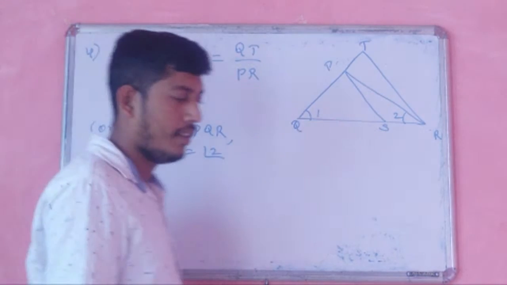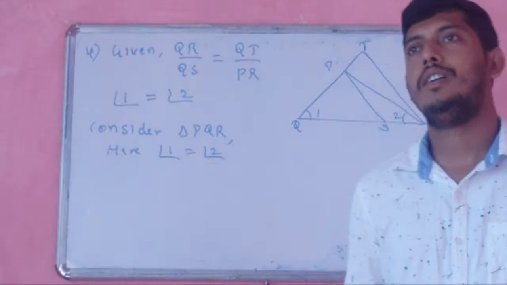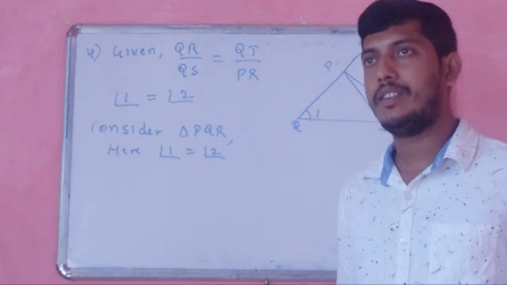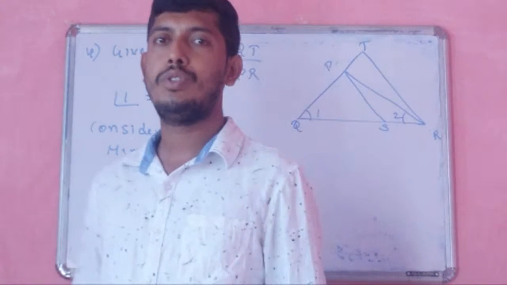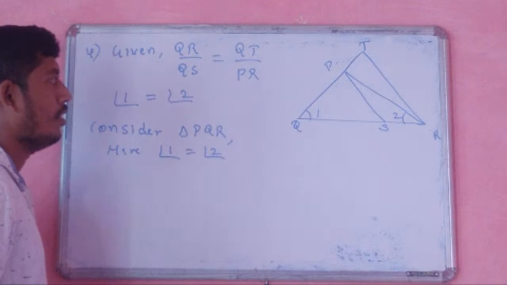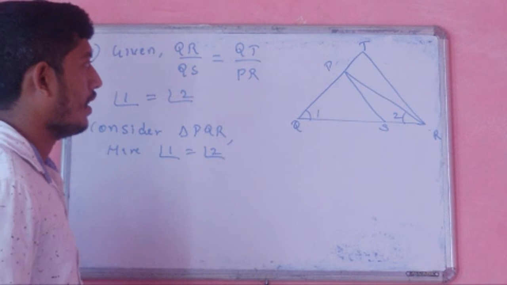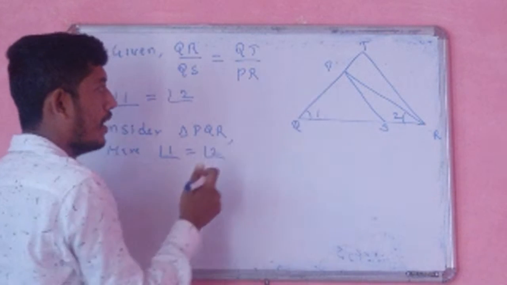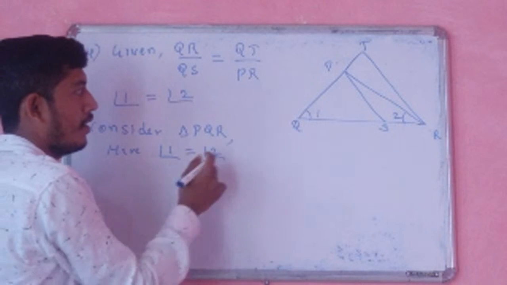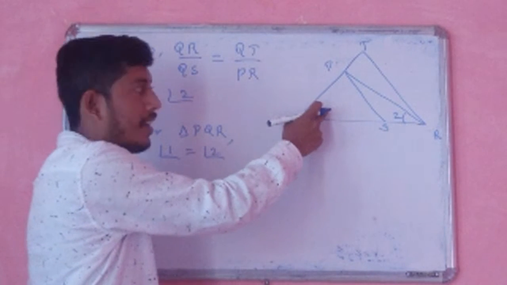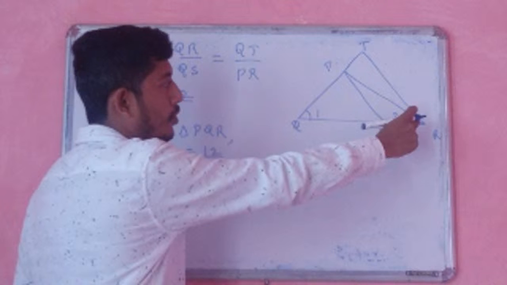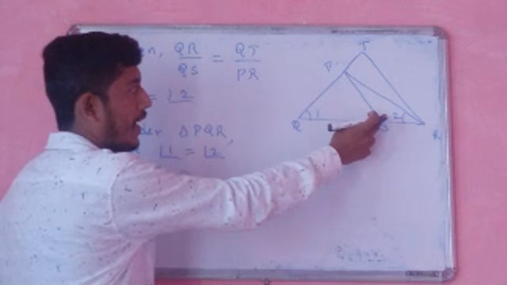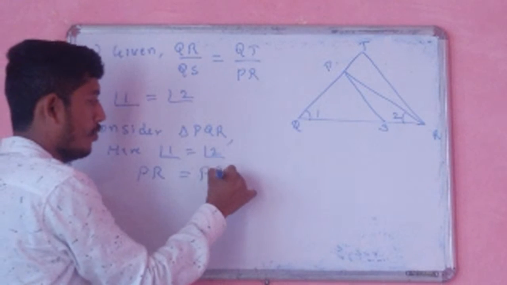And we know that when two angles in a triangle are equal to each other, then their opposite sides are also equal to each other. So for angle 1, the opposite side is PR, and that is equal to, for angle 2, the opposite side PQ.